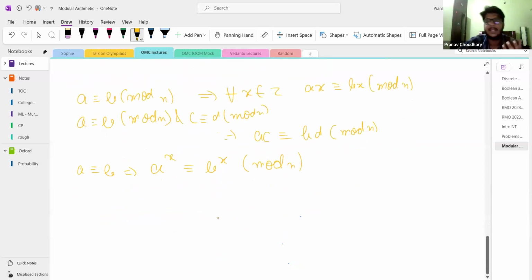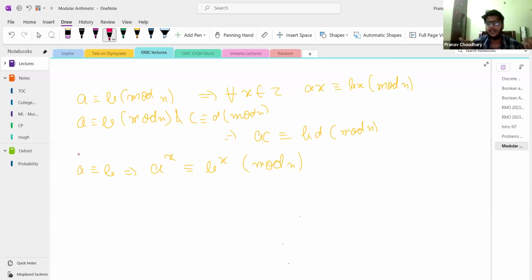You can see why this is nice. If two numbers are congruent to each other, then their sums, their products, their exponents are all congruent to each other. So it's almost behaving like equality. Modular congruency is almost the same as equality, so this helps you a lot to ease out your calculations.